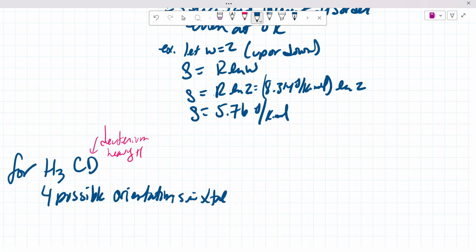You basically have the tetrahedral, but I'm going to draw it flat just for the moment. These are, of course, all tetrahedral. I'm just drawing a flat projection. Okay, so there's 4. W equals 4.